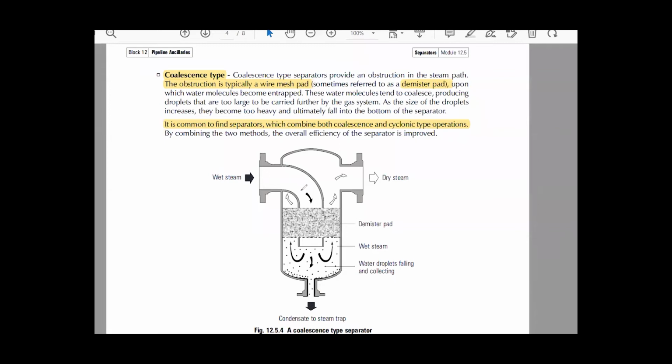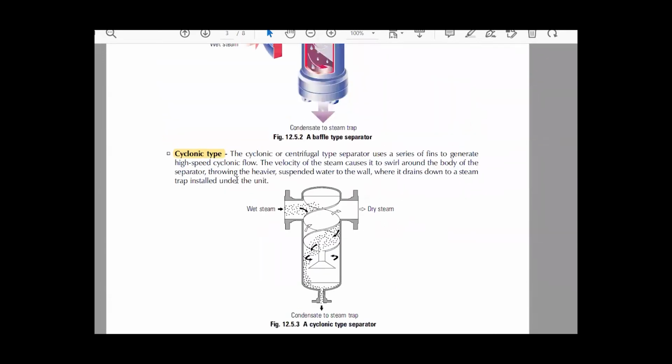Steam comes from here, and this is the cyclone type that I have just explained. The steam moves around and around according to the inertia of the water and the centrifugal force. The dry steam has less moment of inertia, so it cannot swirl the way water droplets swirl.